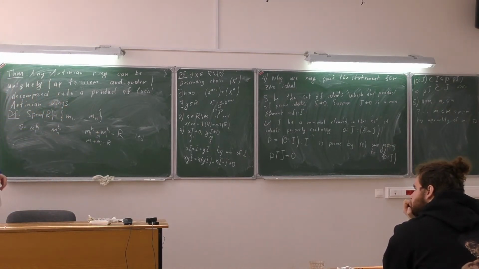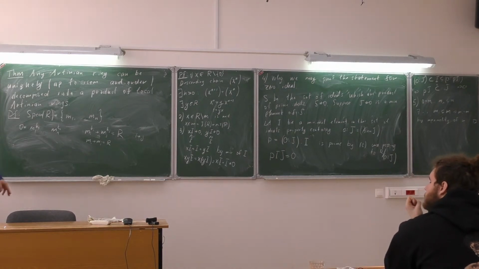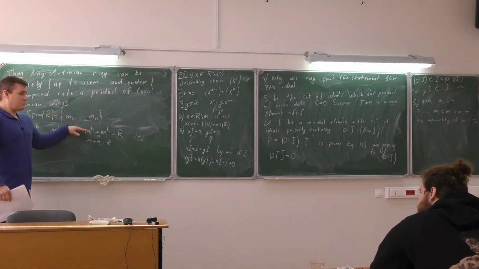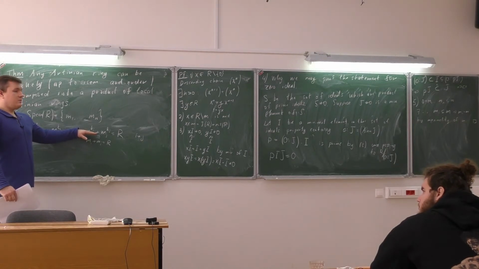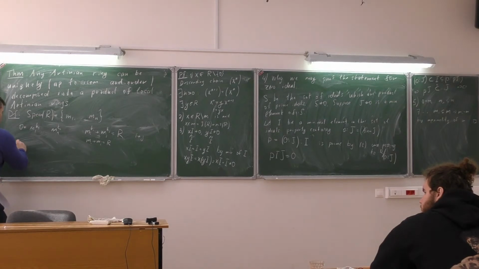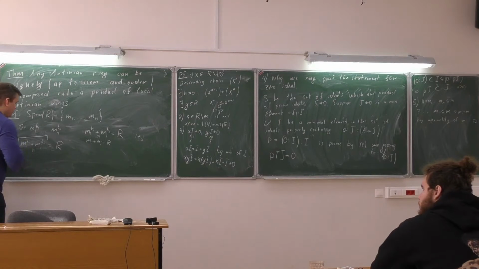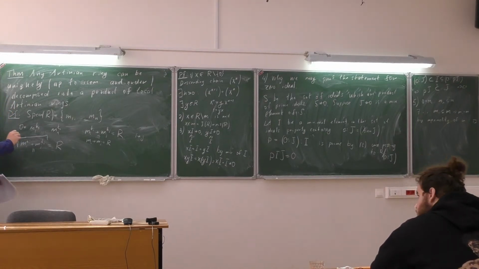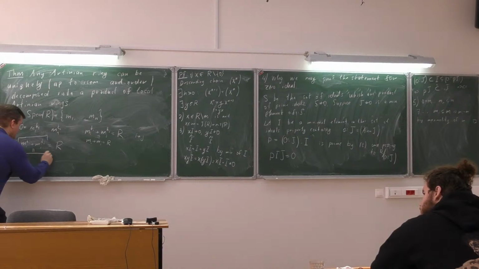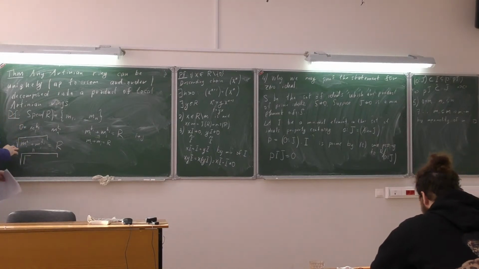to all the powers. Well, this is a small computation with the radicals. The sum of these two ideals is a proper ideal if and only if the radical is a proper ideal. So equivalently, it would be enough to show that the radical of Mi to the ki plus Mj to the kj is equal to the ring. Right? That's the same property. But now for the radicals, we did this little exercise, maybe on the first or second seminar, that when you consider the radical of the sum of two ideals, you can as well just compute the radical of the sum of the radicals.